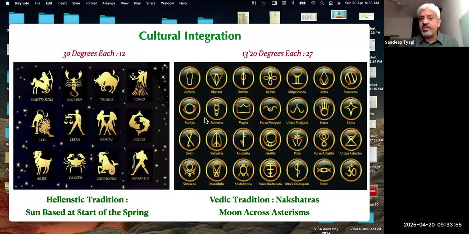Well, cultural integration happened. We spoke of how the Hellenistic and the Vedic traditions came together. 360 degrees, 27 nakshatras. The moon's movement across each nakshatra is important. In the Hellenistic tradition, we adopted the zodiac, which was 30 degrees each, fitting into the 360.